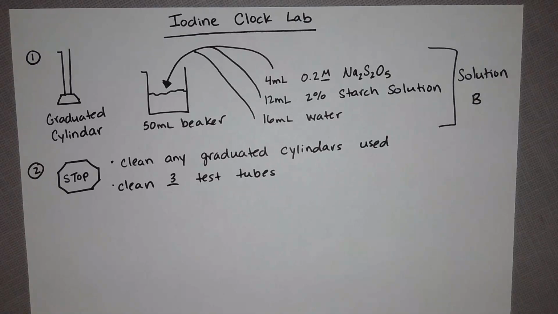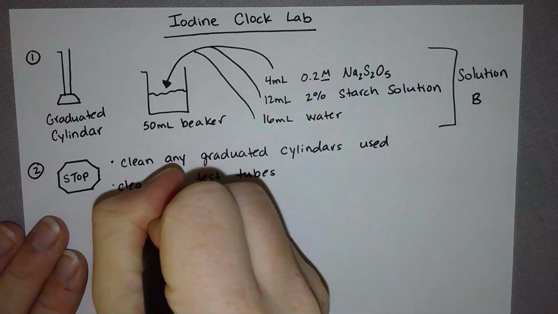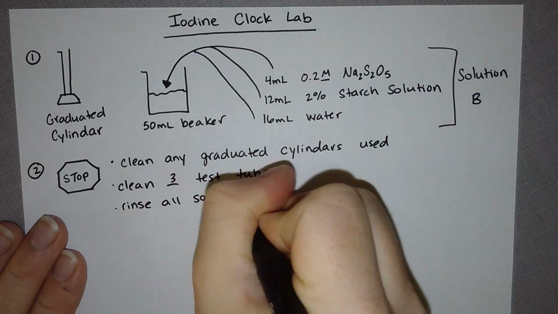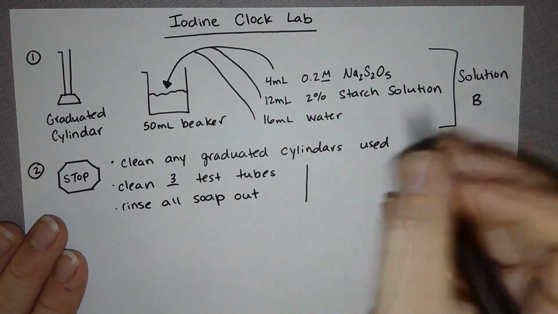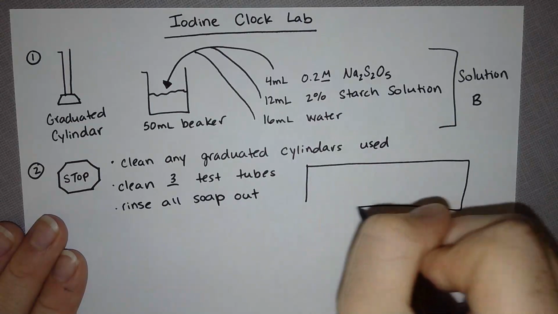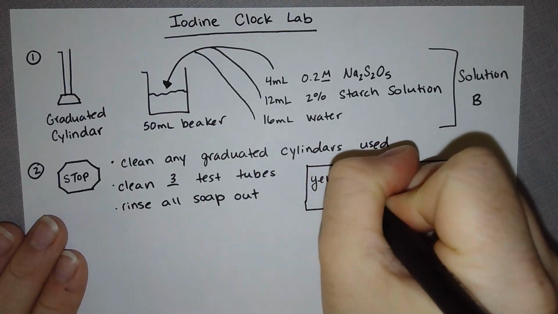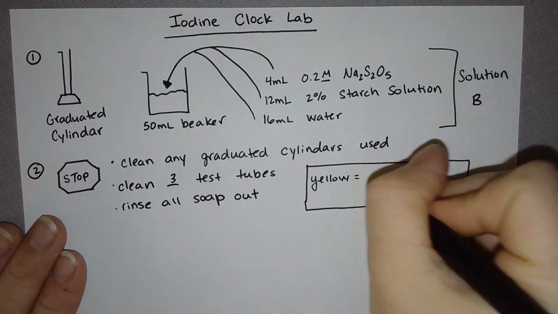Now, standard cleaning, you want to clean with soap and water, and you want to make sure that you get all the soap out. If at any point in this lab you see a yellow color, you'll know that your glassware wasn't clean enough. That is the sign that there has been some contamination.